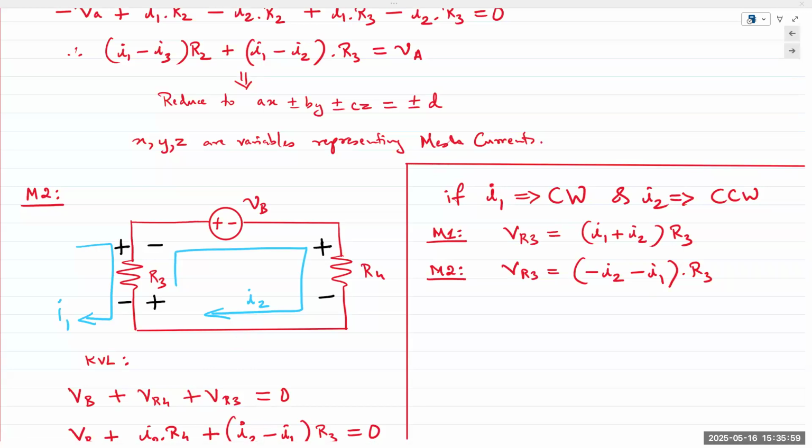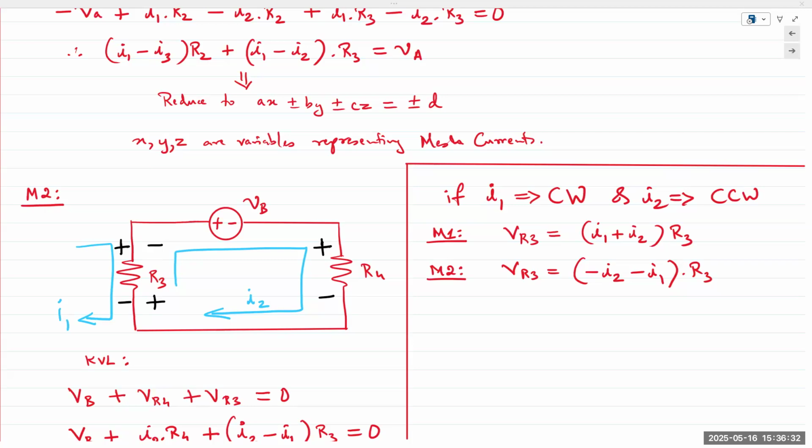All right, pause and let me know if you have any questions. Any questions? Do the steps make sense? Do the explanations make sense?